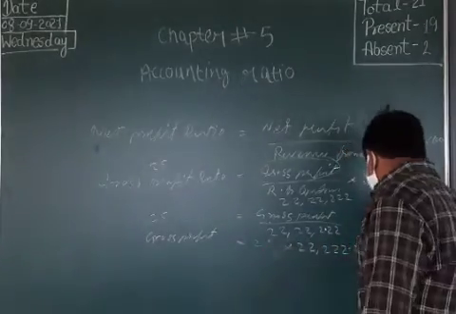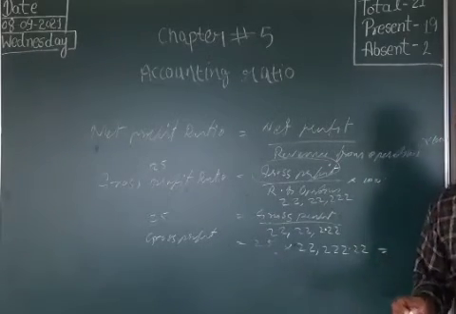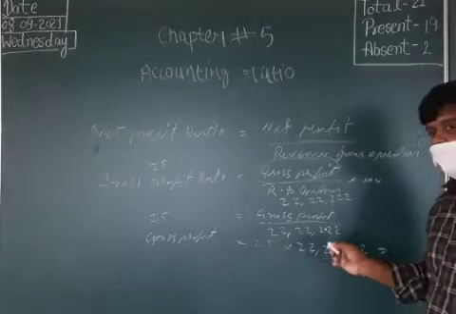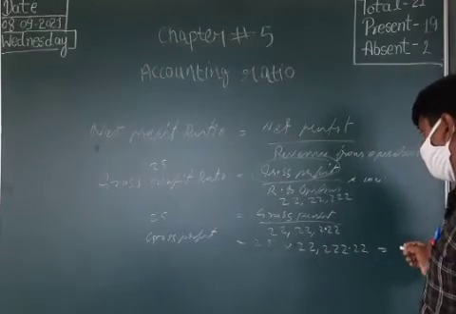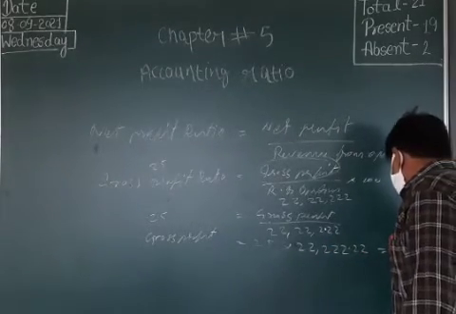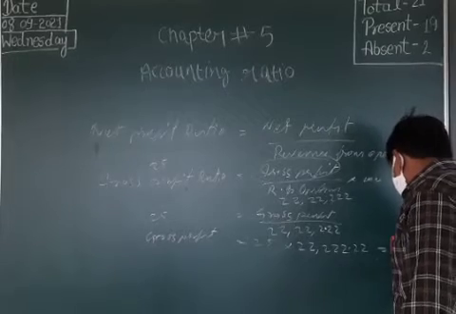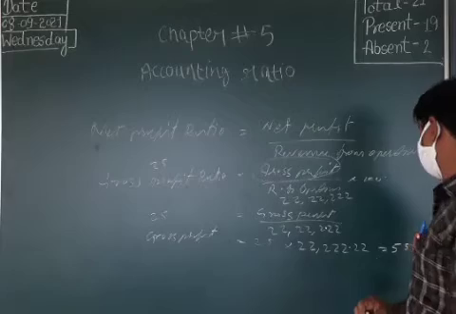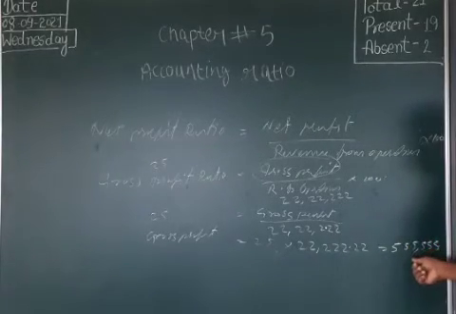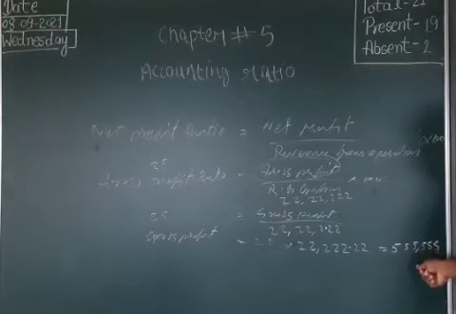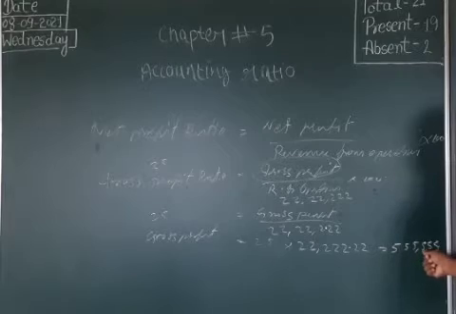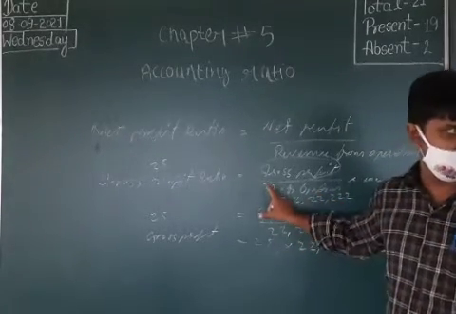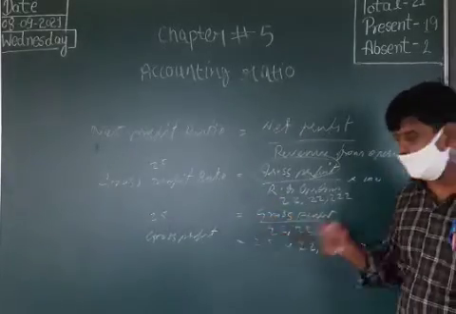By using this formula, how much amount will you get? 5,55,555. So now we got that the gross profit is 5,55,555. This is the step I mentioned here. I hope you understand clearly.